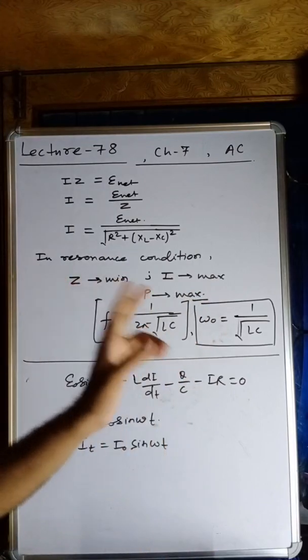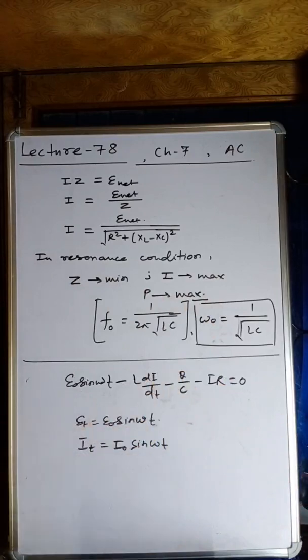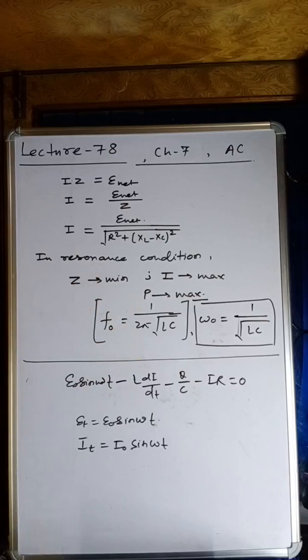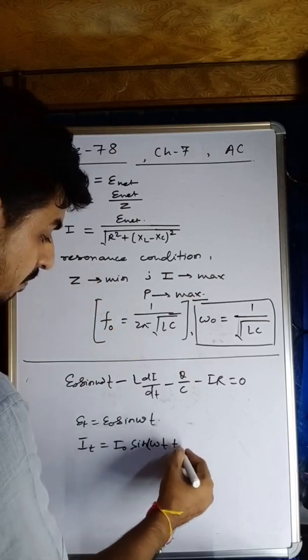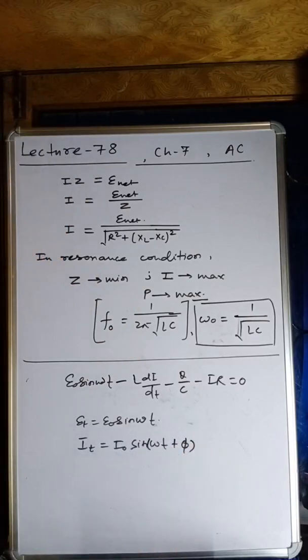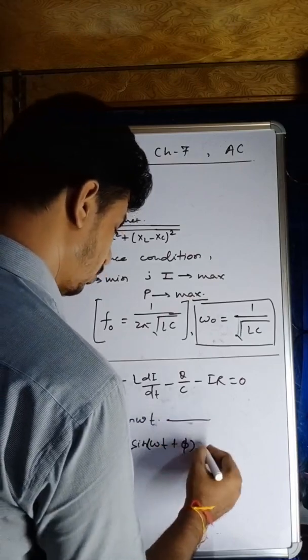If EL is greater than EC or EC is greater than EL, in that case current and voltage have some phase difference. Let that phase difference be phi. So we can write sine omega t plus or minus whatever phi we get. Now these two are very important.